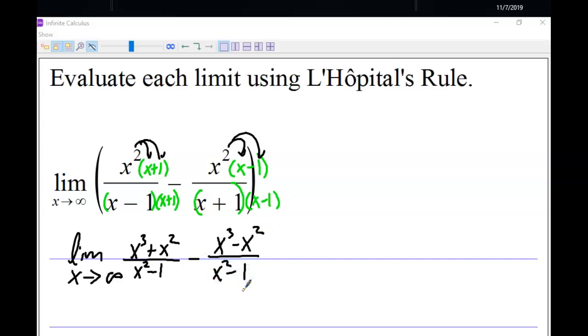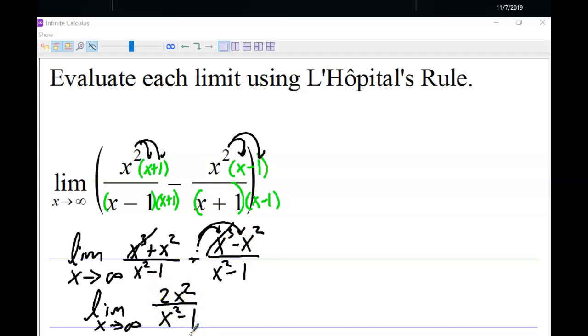So now we've got these two expressions with a common denominator, and we combine them. This negative needs to get distributed across here. So we end up with the limit as x approaches infinity of x cubed minus x cubed is 0. So those cancel. And then x squared minus a negative x squared, that's like plus, right? When you subtract a negative. So I've got x squared plus x squared, which is 2x squared over x squared minus 1.